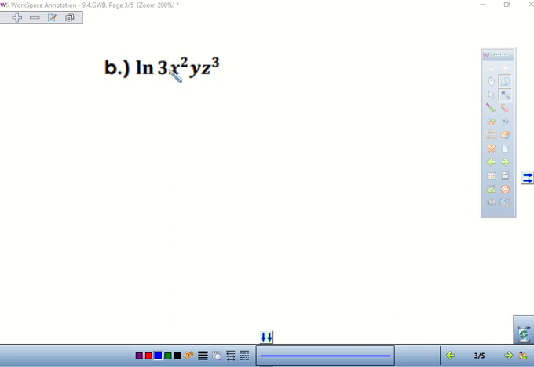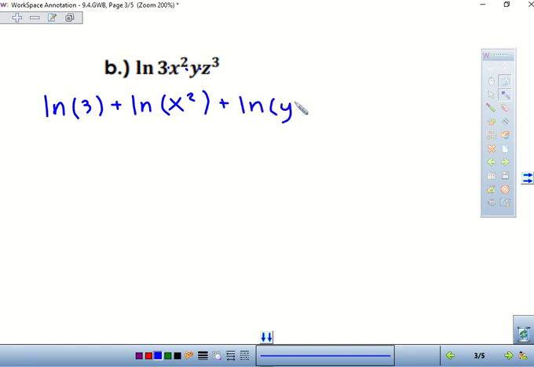Next one. So what operation is between all of these here? Multiplication. So we can expand each one of those into a separate log, or ln in this case, with addition between them. And then what do we do with the exponents?